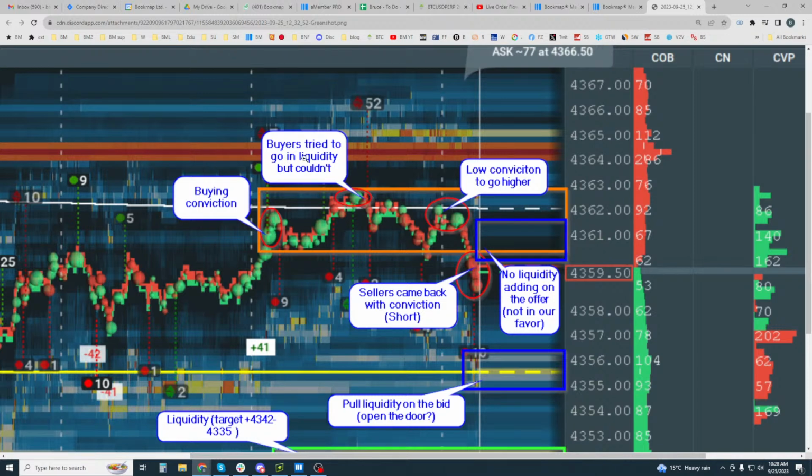Buying conviction: buyers tried to get into liquidity but couldn't. Try it again. Look at the buying. They're struggling, really clawing away at it here. They're buying, but they just can't get there. Look out when the sellers come in. They break the swing, or this consolidation that he outlined in orange, and you look for the next level down. So he's looking for liquidity. He also looks like he has his POC down here. It's a great area to take profit.